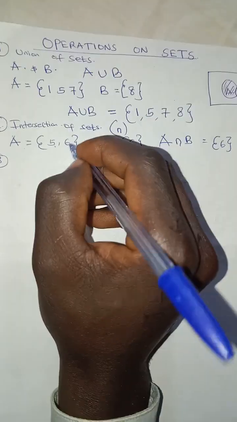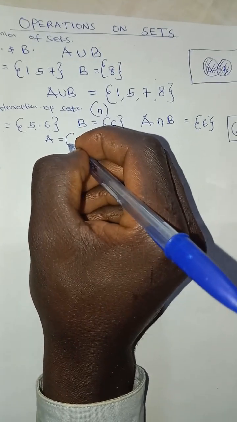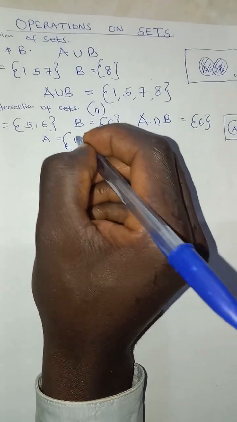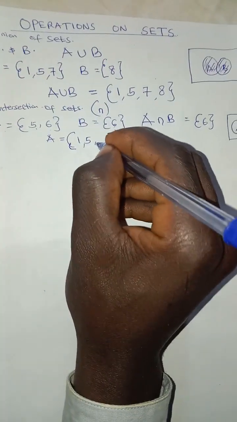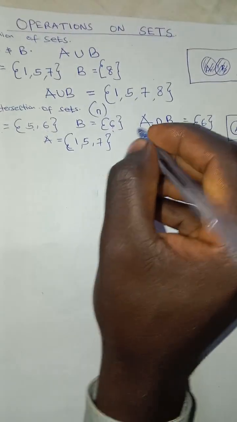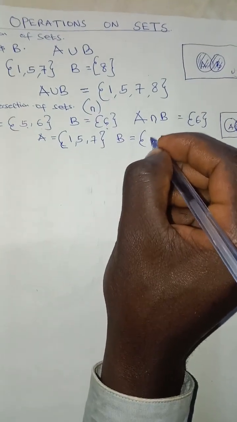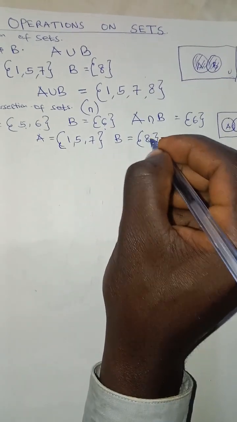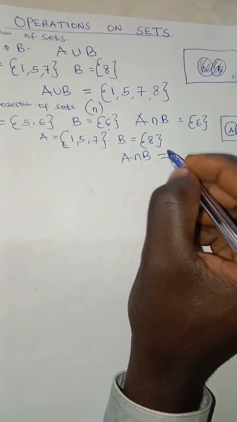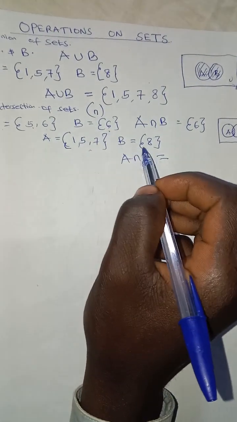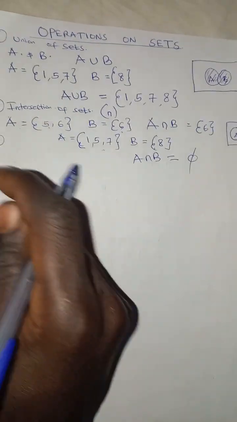What if the intersection of A being {1, 5, 7} and B being {8}? What is the intersection of sets A and B? Those elements which are common in A and B are none. The intersection has to be empty.